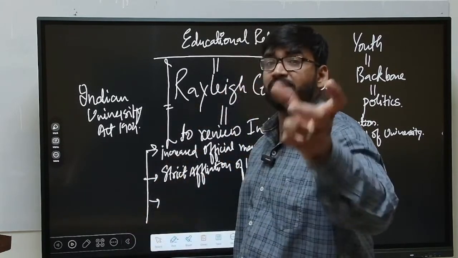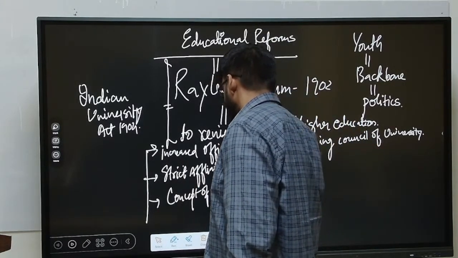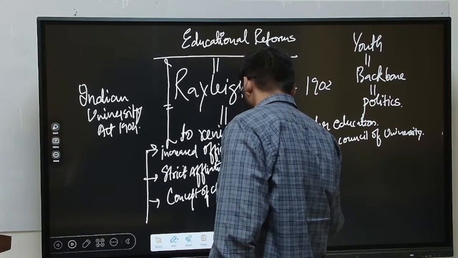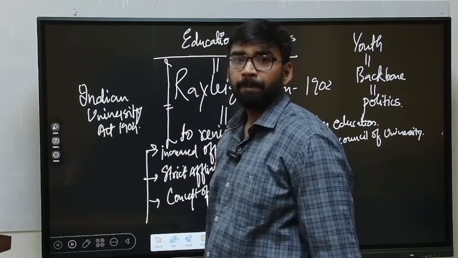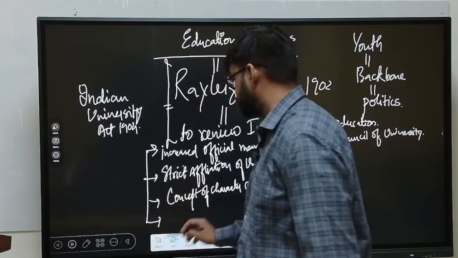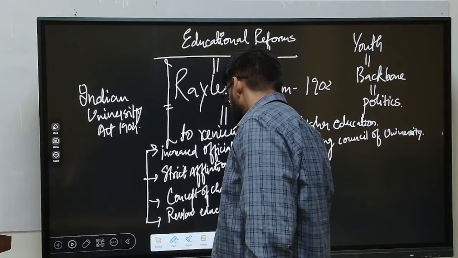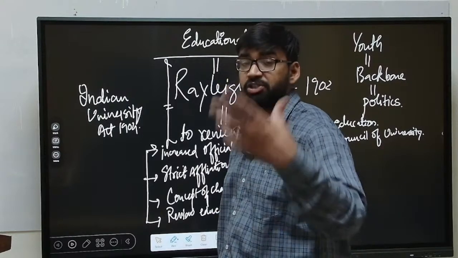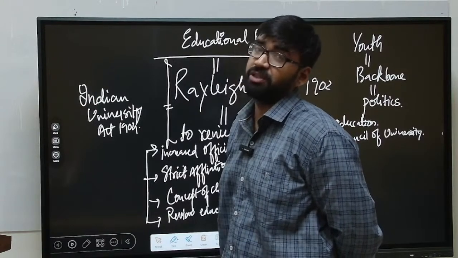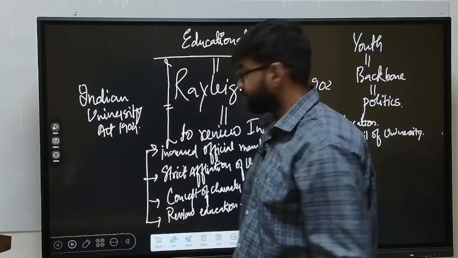So from here the concept of character certificates started. And they will also review the education system. What a teacher is teaching in the classroom will also be investigated by government officials. So what would be the declared and hidden agenda here? So let me tell you.